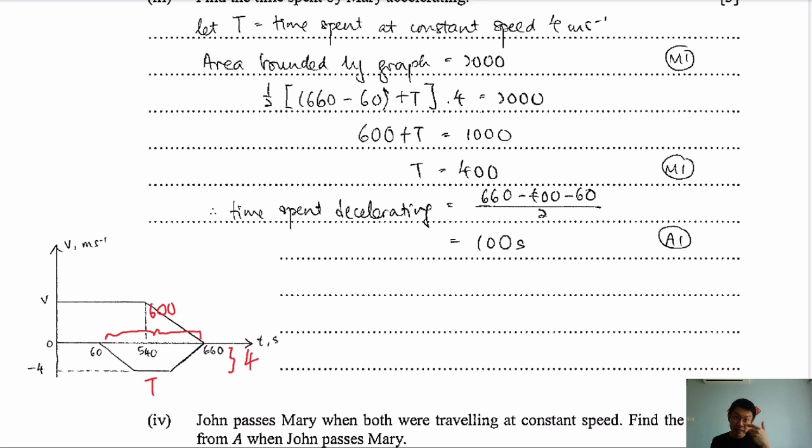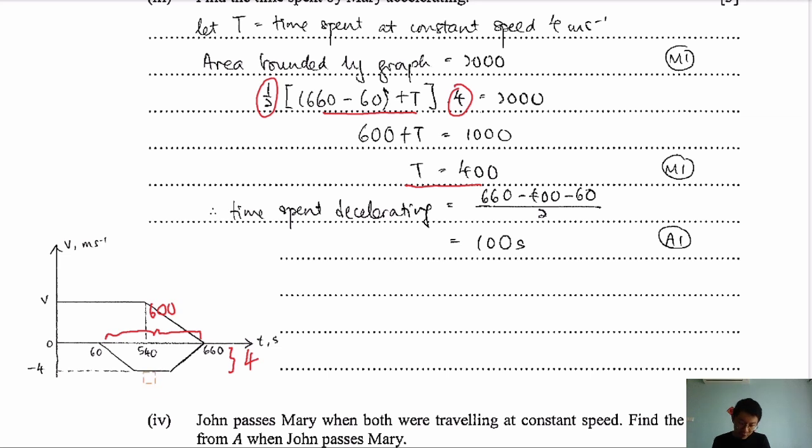We can use the area of a trapezium. The area of the trapezium is 600 plus t, we sum up the top and bottom, then times the height, which is 4 in this case, and then times by half. By using this formula, we can find out t. The t that we have is 400.